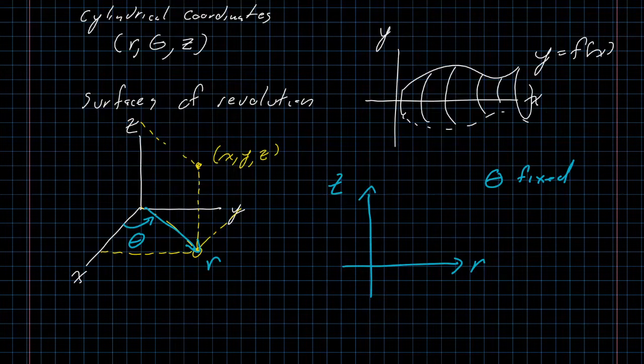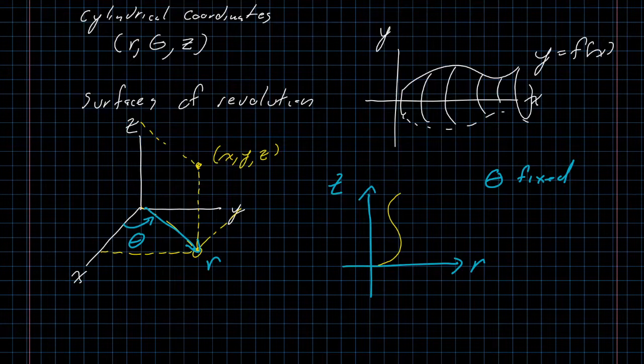In a surface of revolution, we revolved around the horizontal axis, but we could have just as easily revolved around the vertical axis. We can set up our shape here.